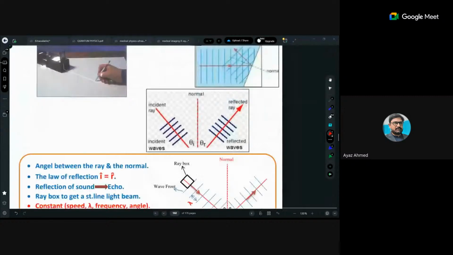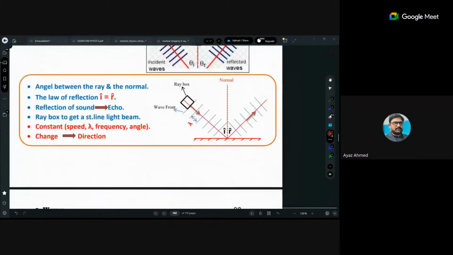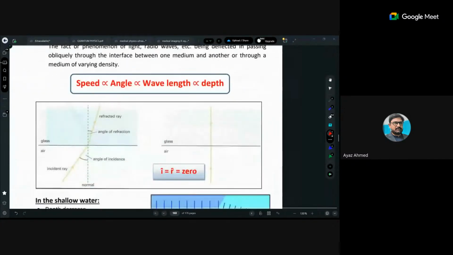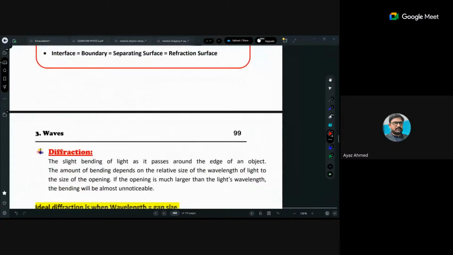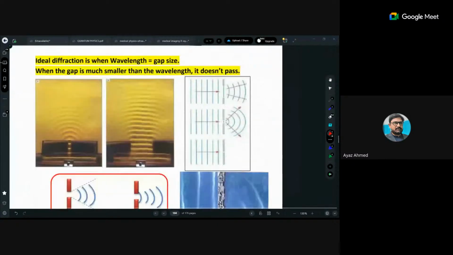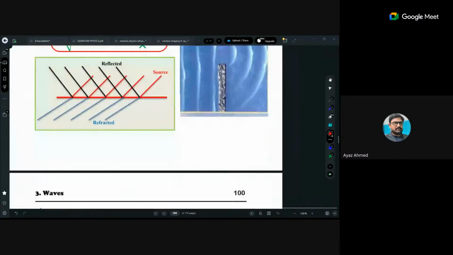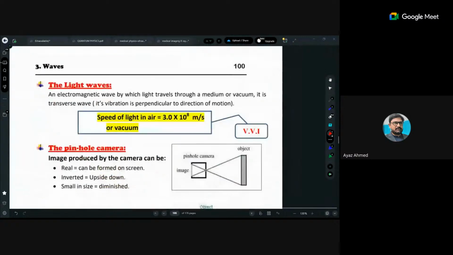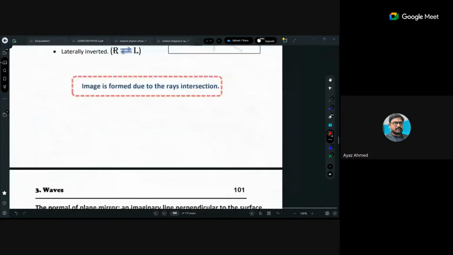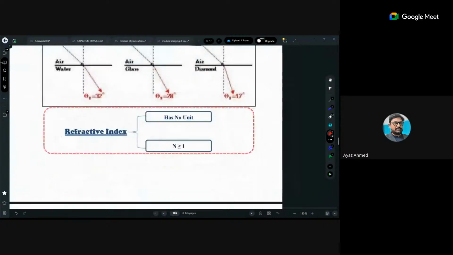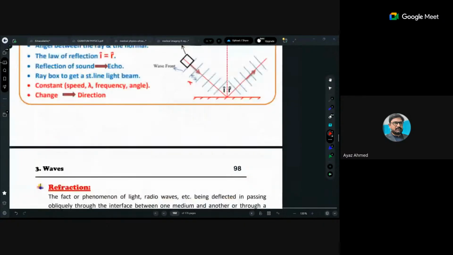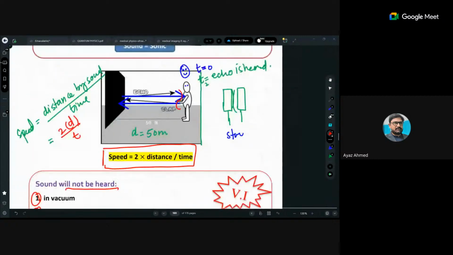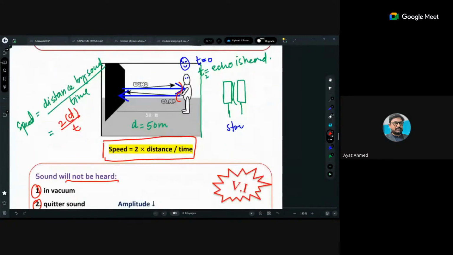These type of questions are asked in your paper, in the worksheet. Do you see that? This all.